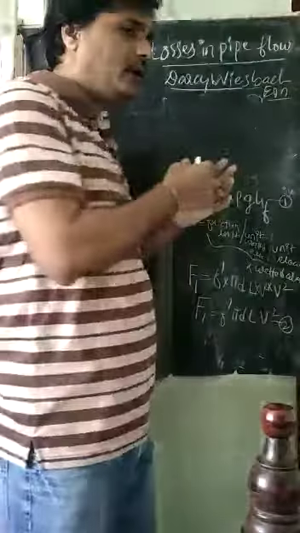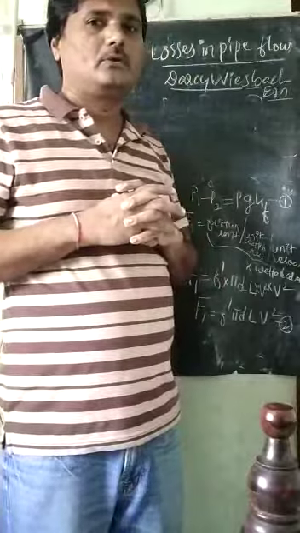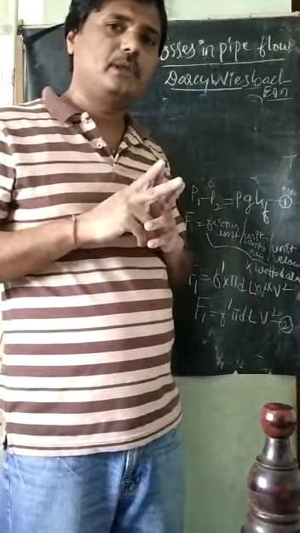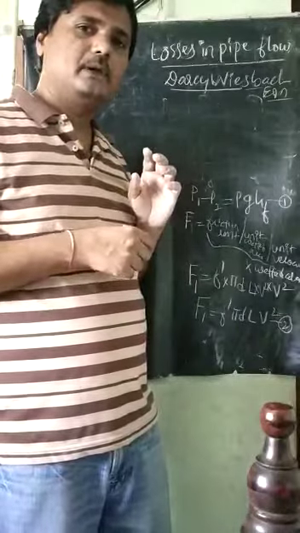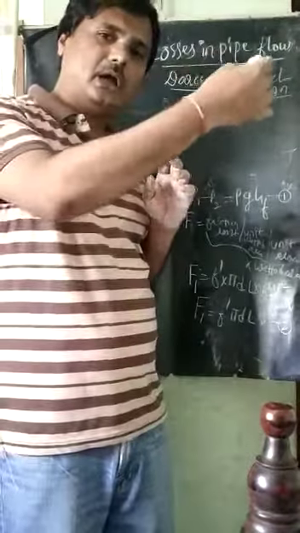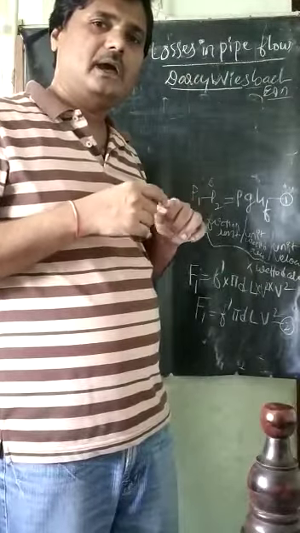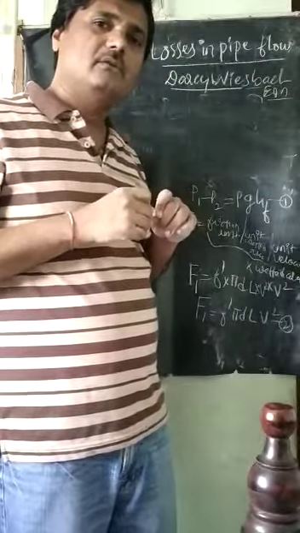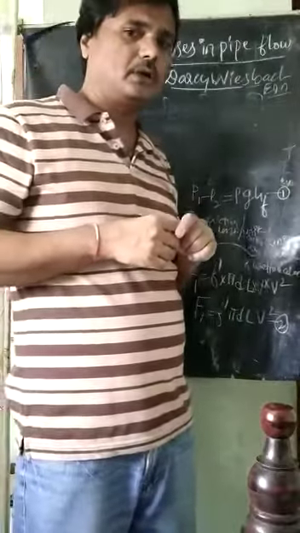As we have told, there are 3 forces. Two are the pressure forces, P1 A1 at the left side as we have shown in the diagram, and P2 A2 at the opposite, right side of that face, and another force, that is the frictional force due to the resistance, capital F1.